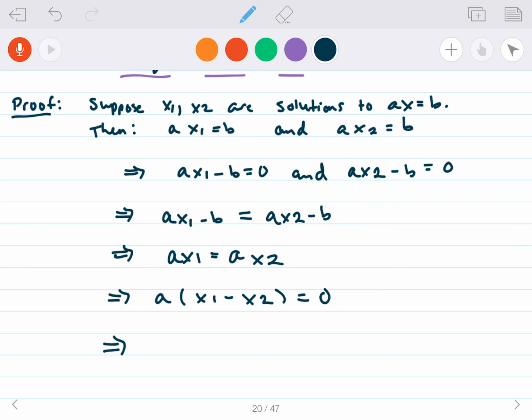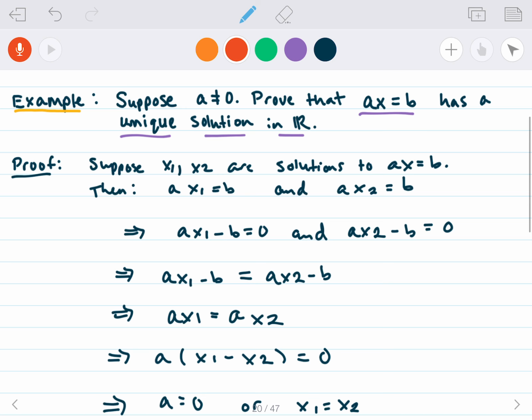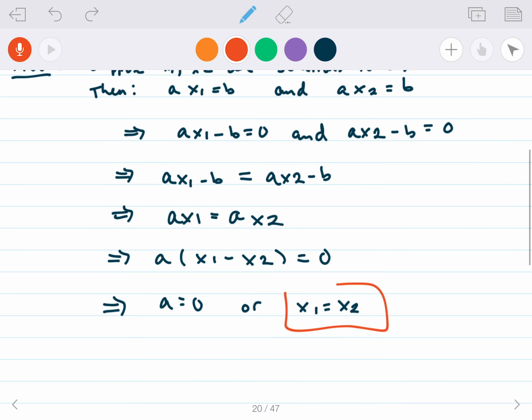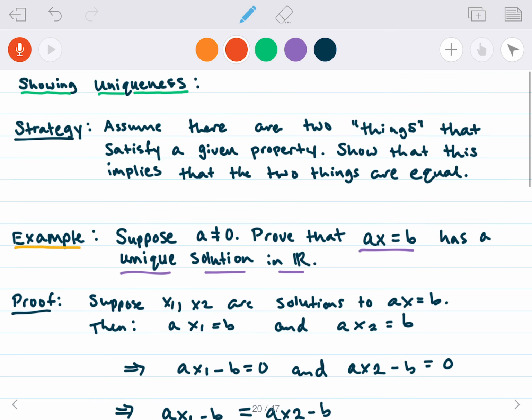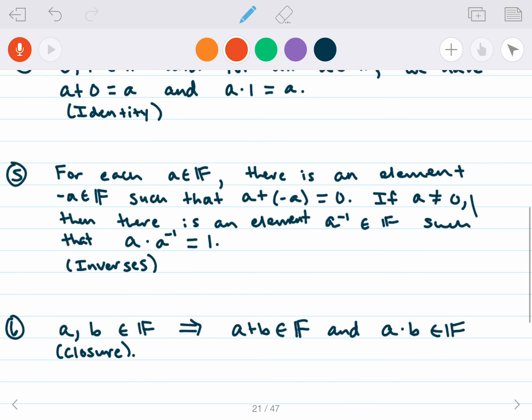So we either have a equals 0 or x1 equals x2. And we assumed that a was not equal to 0. So that means that x1 is equal to x2. And so that's how we can show that the solution is unique by doing something like this.